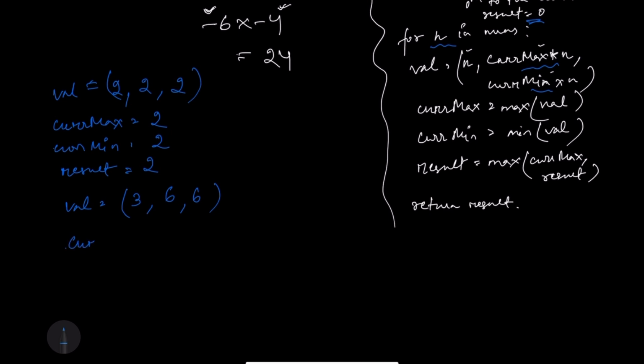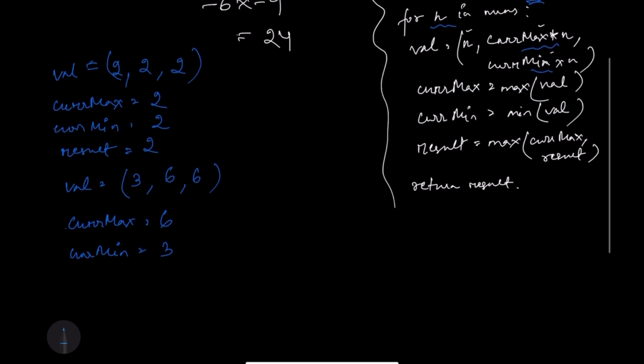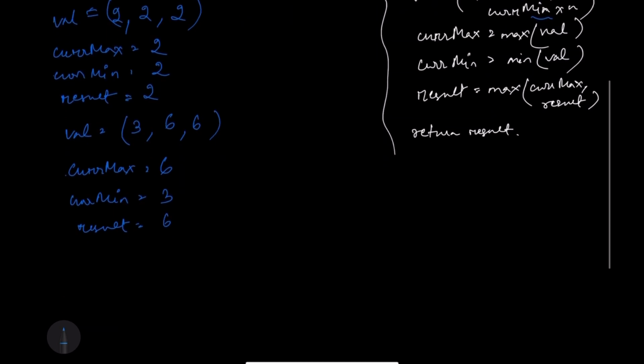Now what we will do, we will see our current max. So it is the maximum of the values in our tuple. So it will be 6. What will be our current min? It would be 3 because we are keeping the minimum value. Then if we check our result, we will update it to 6 now because 6 is greater than 2.